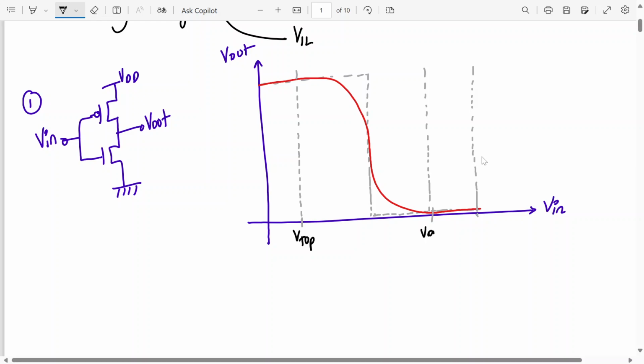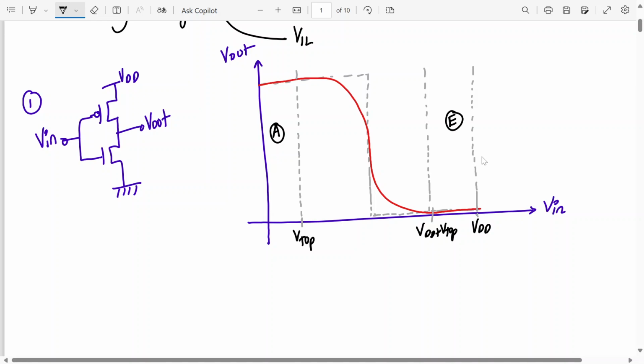Here it's VDD plus VTP. So whenever Vin is greater than VDD plus VTP, my PMOS turns off. This is still VDD. Okay, so this region number 1, I call it region number A. This is region number E.